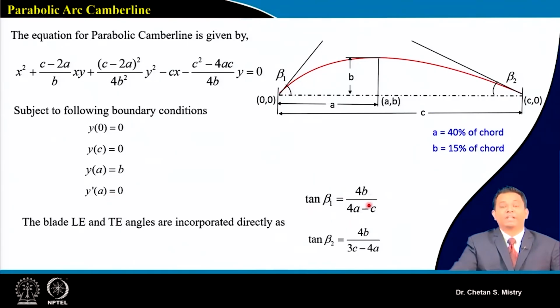It says tan beta 1 is given by 4B by 4A minus C, and tan beta 2 is given by 4B divided by 3C minus 4A. So this will give us an idea of how we do our calculation for different parameters, that is my A, B and C.